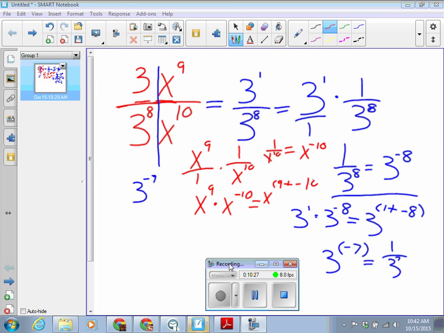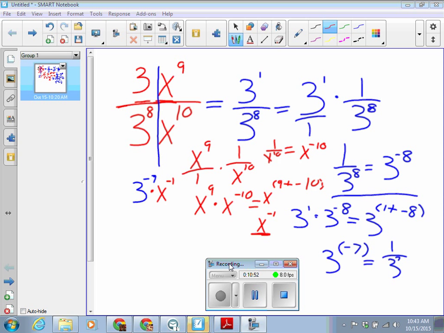So that gives us x to the negative first power. Now, since I have that side of the equation figured out as well, I'm going to go ahead and add that to our equation again.